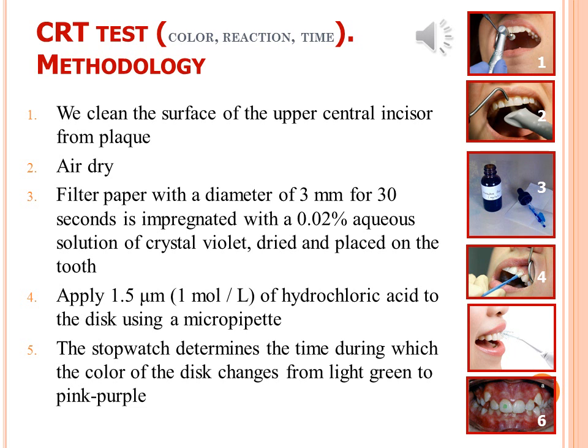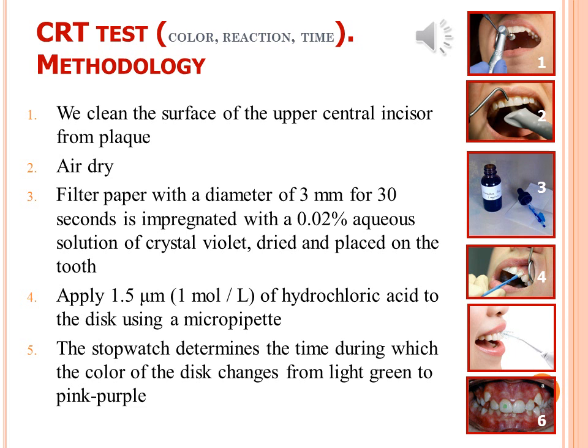The labial surface of the test tooth is cleaned and dried. Then a circle of indicator paper moistened with hydrochloric acid is applied to the surface of the tooth. The time that elapses from the moment the acid is applied until the color of the indicator changes from light green to purple is recorded using a stopwatch.